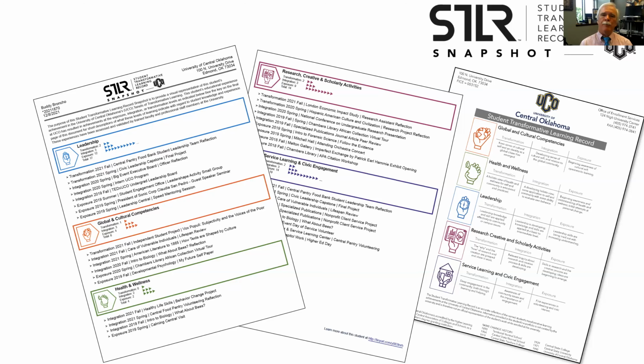This is another aspect of the snapshot's formative use, because everything that they possibly could put on a stellar snapshot has been vetted by the university. It's all official. It's the same as a grade, if you will, in terms of the university saying, yes, this student did this experience. It was assessed at the integration level, for example.